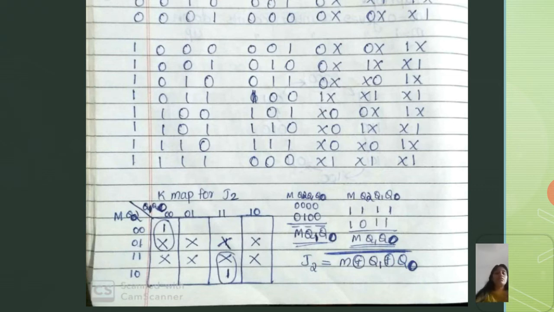You can see the 2 terms should be OR gated, which will be the XNOR result of this particular term. That's why you are getting J2 equal to M XOR Q1 XOR Q0 whole bar, which indicates the XNOR gate operation. Okay, you are getting the J2 equation here.